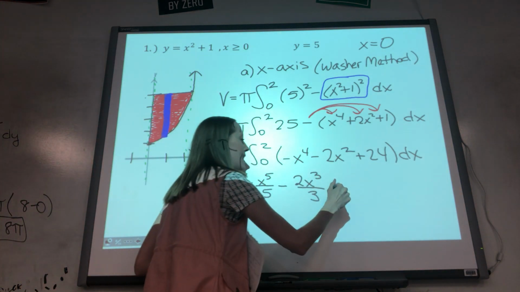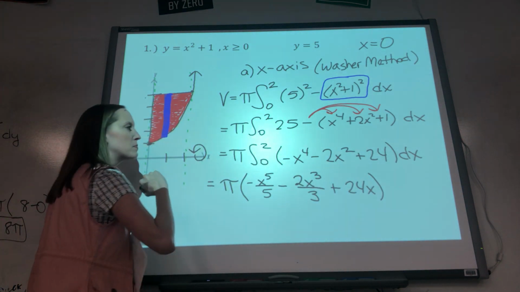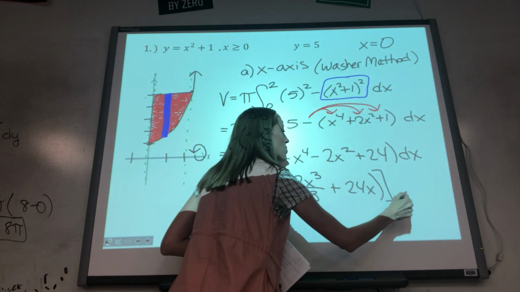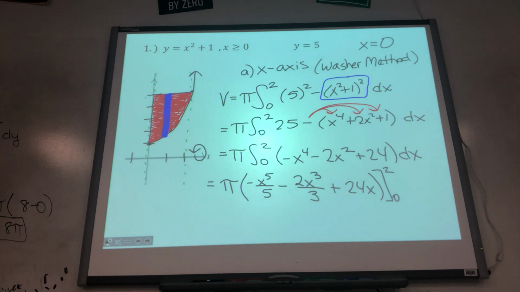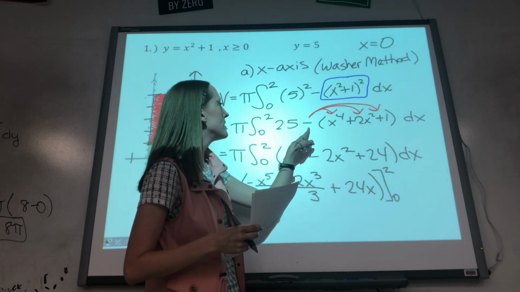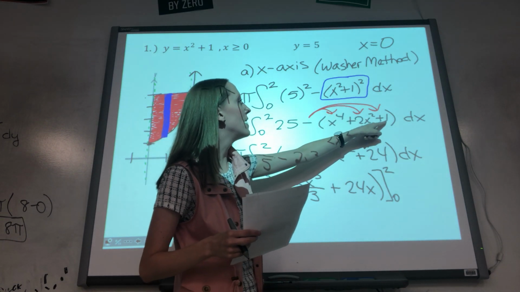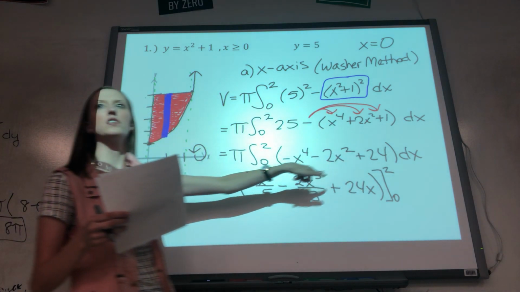That works too. And then integrating 24 with respect to x, that would just be 24x. Now, the nice part, go ahead. When we distributed the minus sign, this turned into a minus 1. So I went ahead and took the 25 minus 1 and just made it 24.